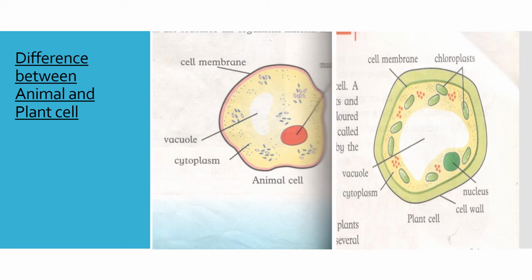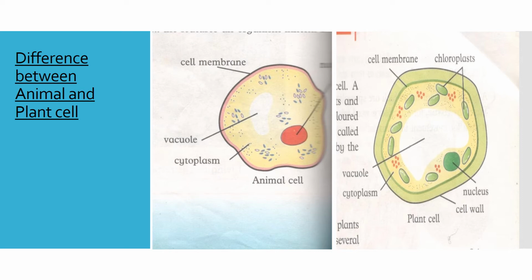You can observe in the diagram of the plant cell and animal cell. First difference, the cell wall is present in the plant cell while it is absent in the animal cell. The cell membrane is present in both cells, as you observe.